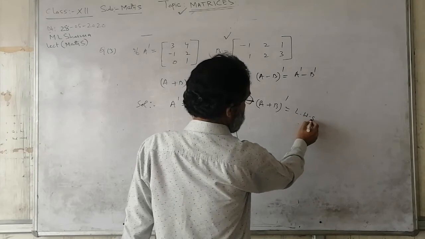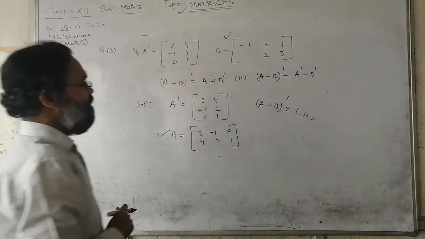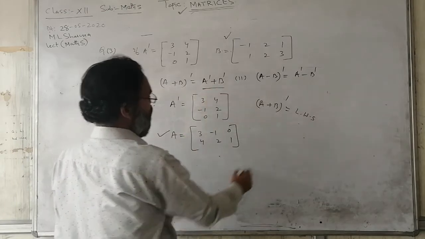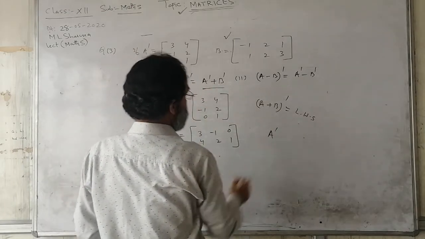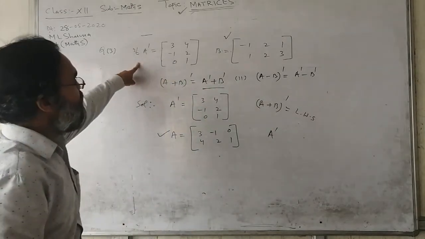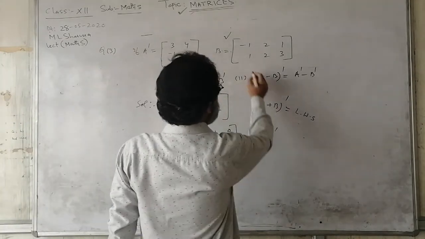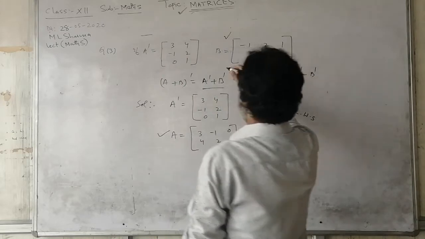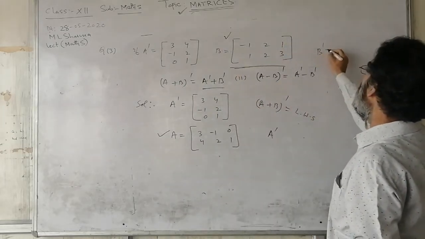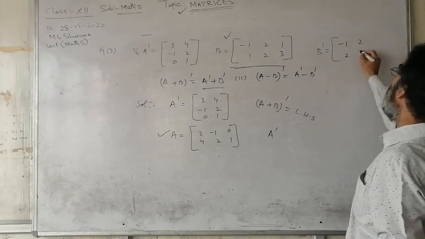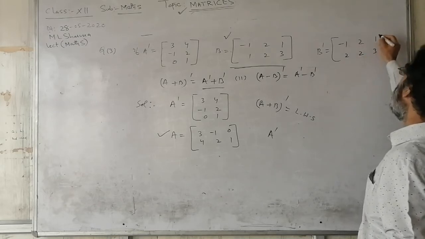Let it be the left hand side. Then on right hand side, you have to find this value A transpose. Its value is known to you. Then B transpose, its value you can find. B transpose will be minus 1, 2, 2, 2, 1, 3.